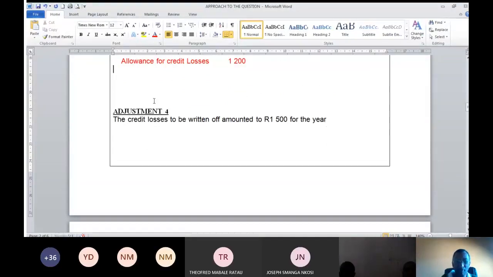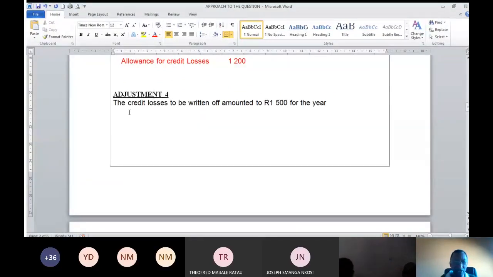I'm on to adjustment number 4 now, guys. Adjustment number 4, they tell you that the credit losses that must be written off during the year is 1,500. Now, if you must write off the account of some of your debtors, some of your trade receivables, the 2 accounts affected will be credit losses and your trade receivables.